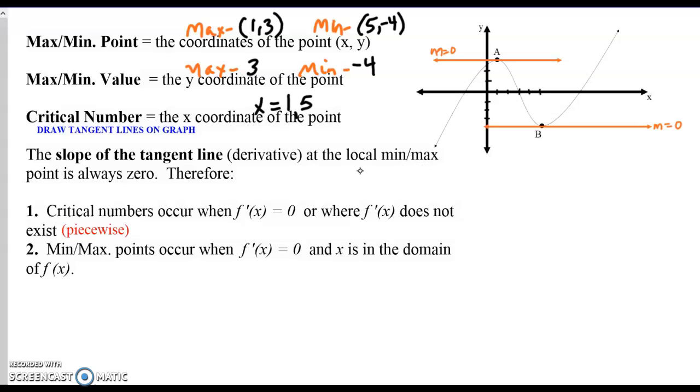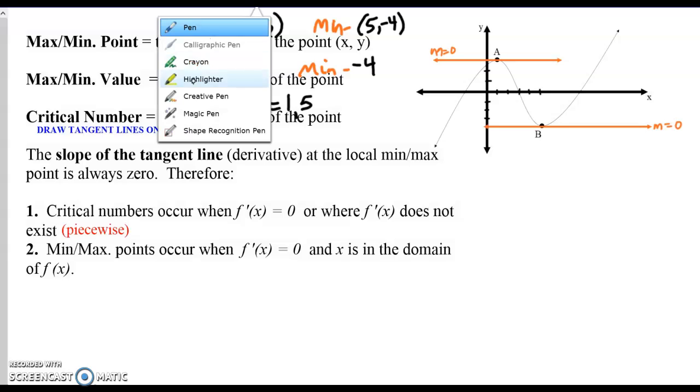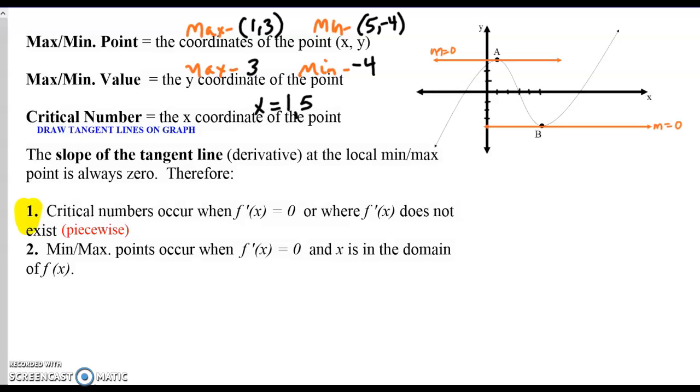That's given by these tangent lines at the local max and local min, at that change of direction of the graph. Therefore, these are the 2 points we will study.